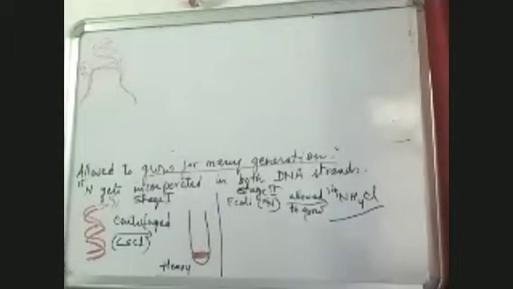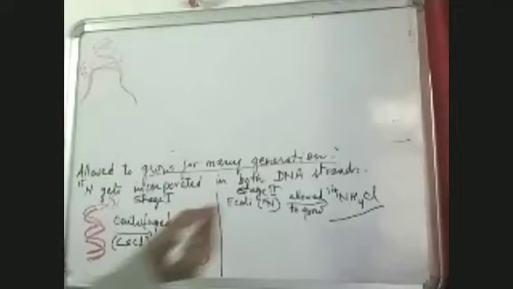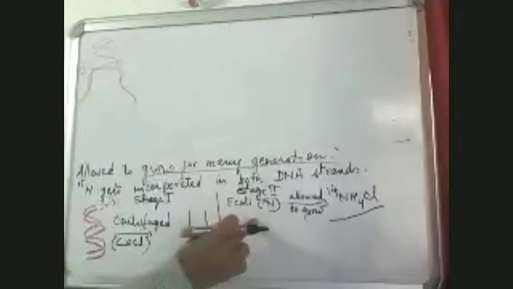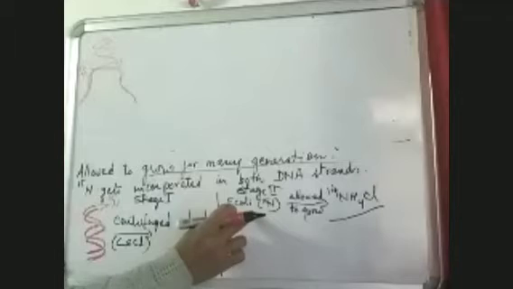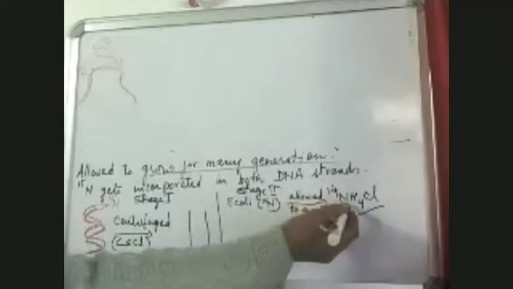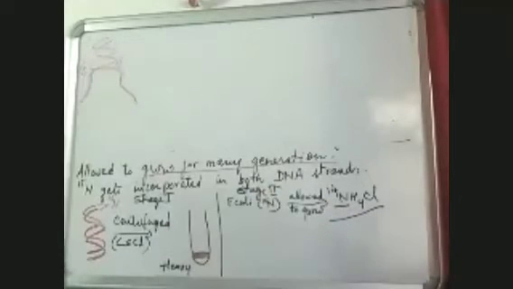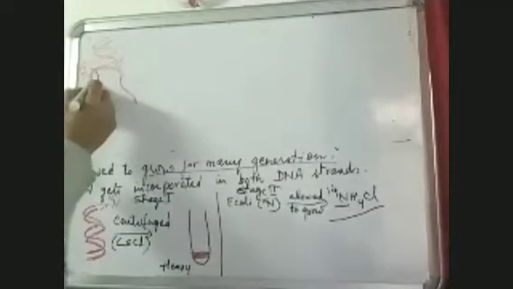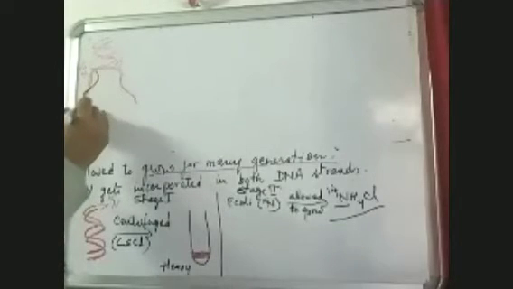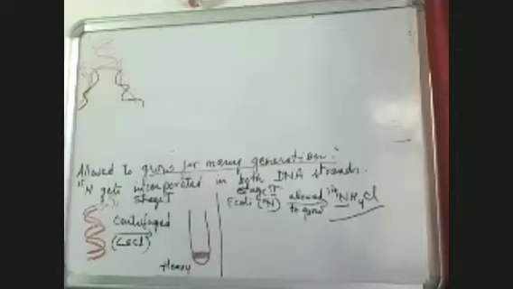Now, when it was allowed to grow in N14, in stage 2, the new strand which is synthesized was N14 type. It had N14 incorporated into it.